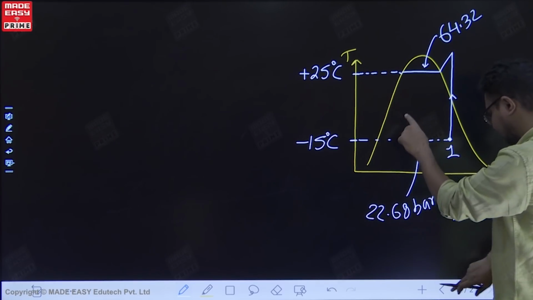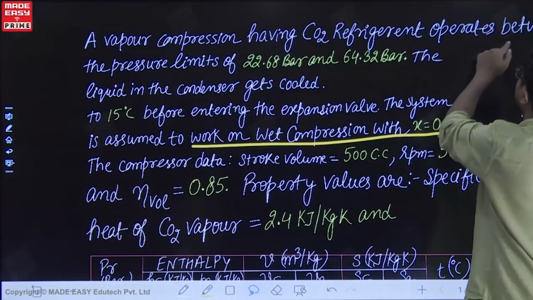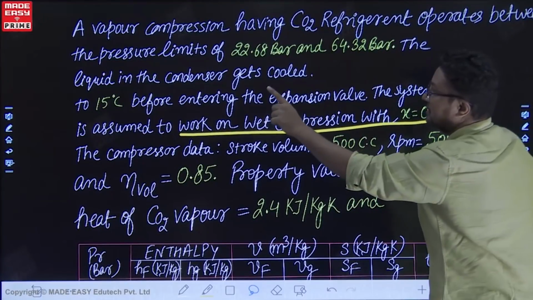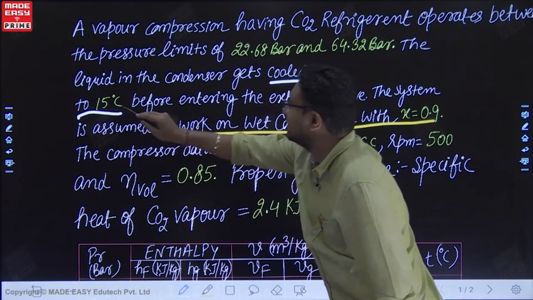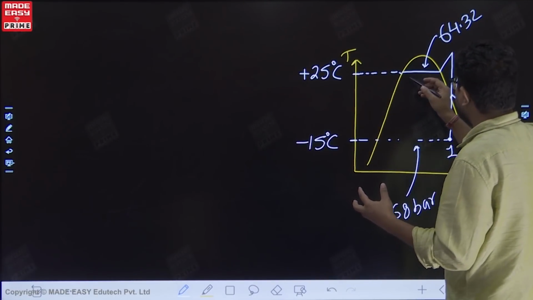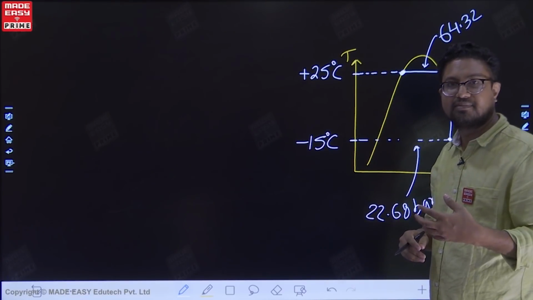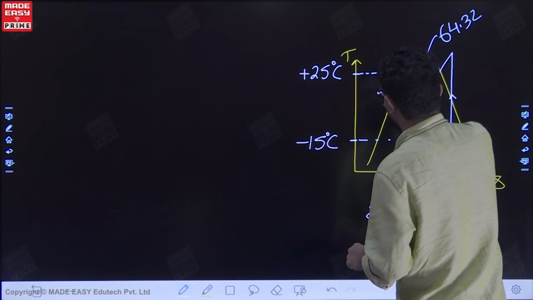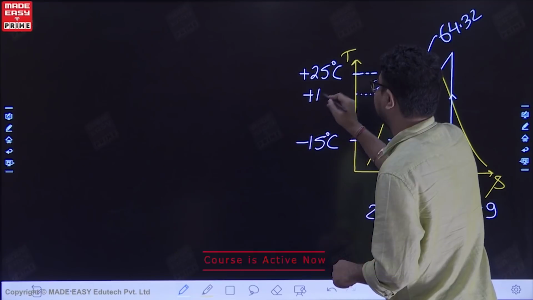But if you read the question properly, what they have said: vapor compression having CO2 operates between these pressure values. The liquid in the condenser gets cooled to 15 degrees Celsius. That means when the liquid is cooling, even after becoming saturated liquid, it is further getting cooled to plus 15 degrees Celsius.